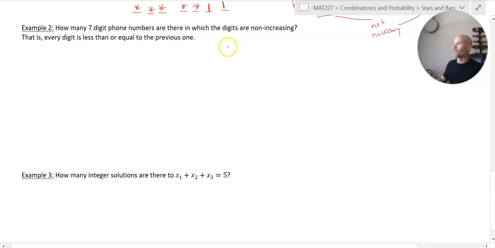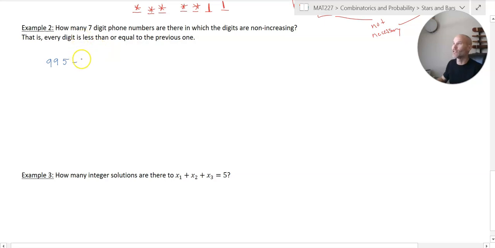Let's make up a phone number. We'll say that we have this phone number 9. Well, then the next digit can be a 9 or anything below. So let's say it has another 9. But then the next digit is a 5. Well, the digit after that can be any number as big as 5 or below: 5, 4, 3, 2, 1, or 0.